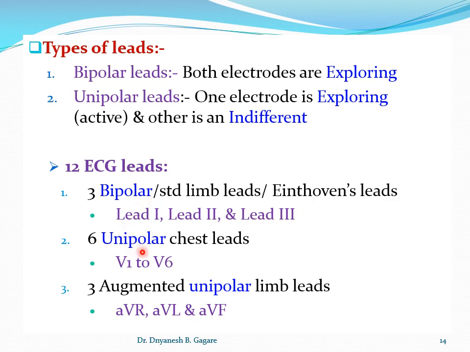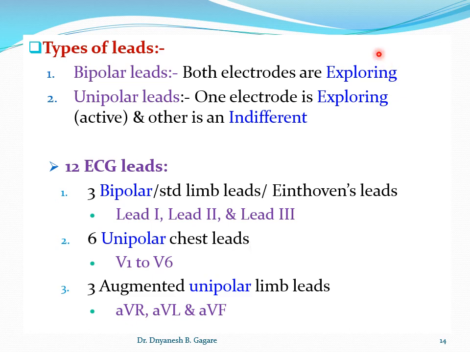Okay, now the second group is called the unipolar chest leads. Out of 12, 6 leads are unipolar chest leads. Why is it called unipolar? Because we use one exploring electrode and the other is an indifferent electrode. Then why is it called chest leads?